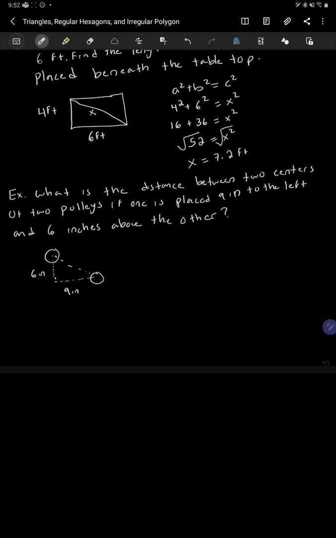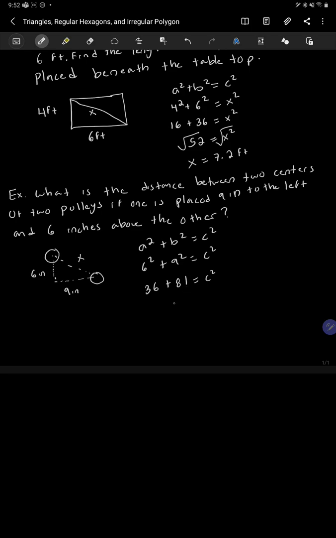So we can find this the same way as before. A squared plus b squared equals c squared. We got 6 squared plus 9 squared equals c squared. We got 36 plus 81 equals c squared.